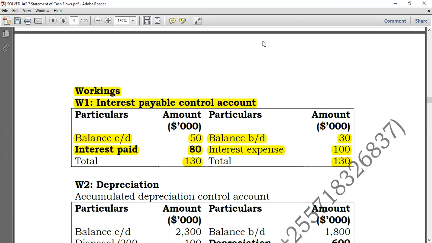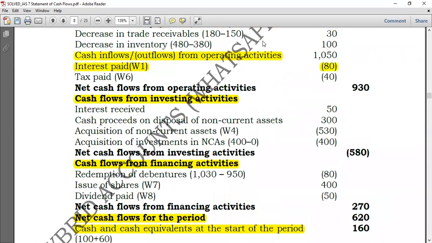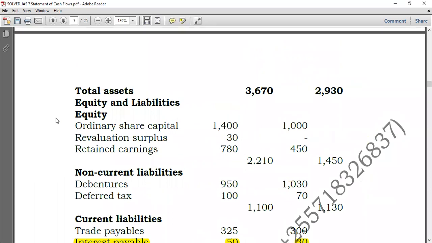So I do not need to prepare a control account because I'm 100% sure that that's what I'm going to obtain even if I prepare one. So you just ask yourself, where did that interest received go? It usually comes to investing activities. That's why you see it here. Interest received, 50, is a cash inflow, just like this. You proceed this way until you complete everything.